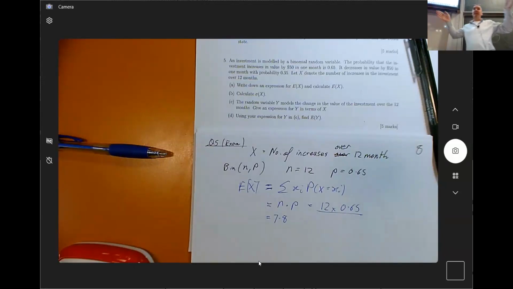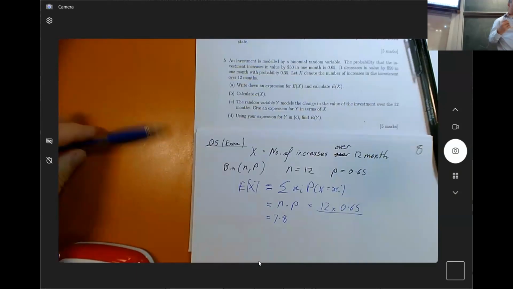By saying it's a year, we're saying we've got 12 periods when we're possibly increasing. So if we're trying to decide what distribution we've got: fixed number of trials, independent events, and fixed probability of success, those are the things we look for in a discrete random variable.